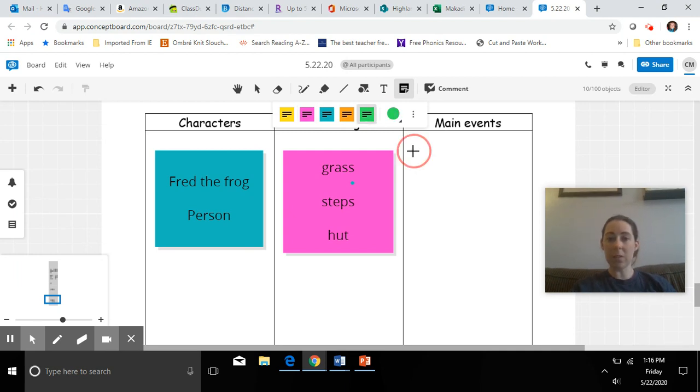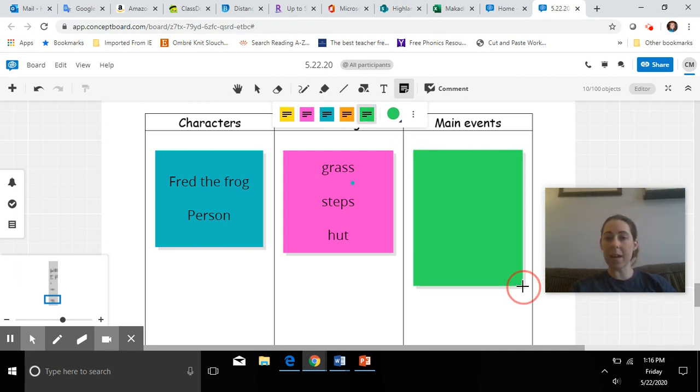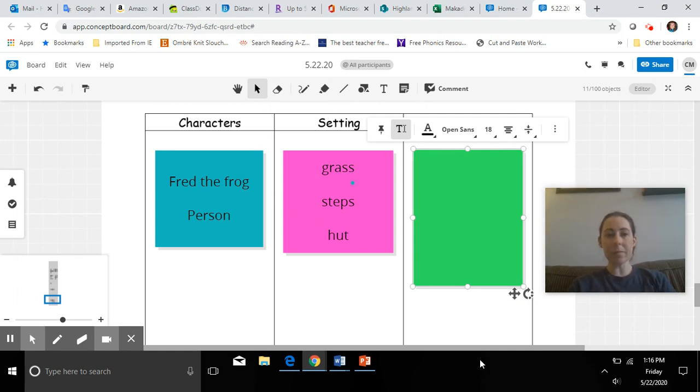Okay. And then let's think about what were some of the main events in this story. ¿Qué pasó en la historia? What was happening? What happened first? I think first Fred jumps on the grass. Where did he go next?